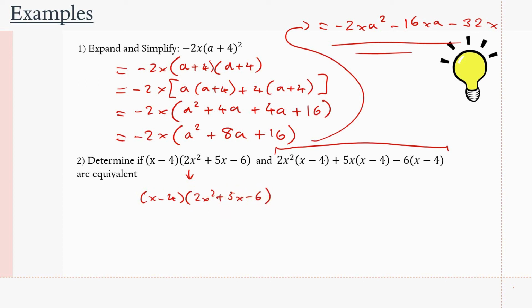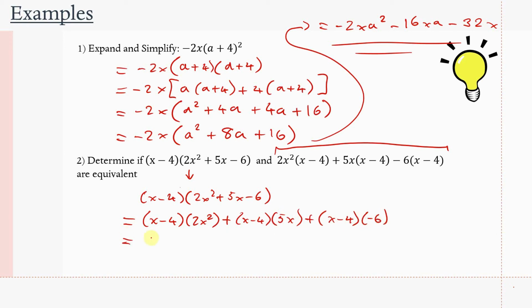The distributive property tells us that we need to multiply whatever is outside the brackets by everything inside the brackets. So this would be the same thing as saying x minus 4 times 2x squared plus x minus 4 times 5x plus x minus 4 times negative 6, right?